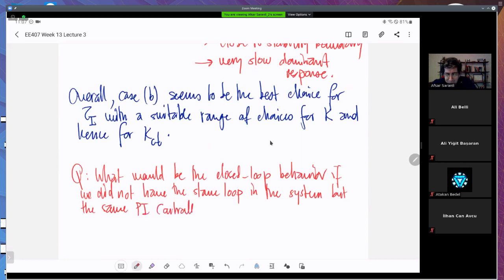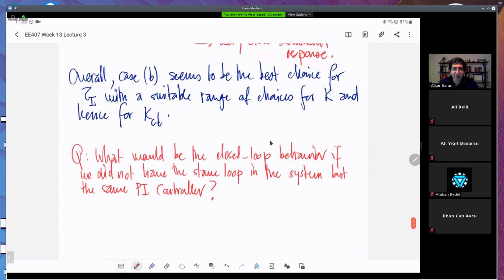So we will neglect the disturbance, but we will look at what's going to be the response for a reference, okay? And what's going to be the kind of range of gain for the PI controller in this case for the same choice of tau I. Sorry, not for the same PI controller, but for the same integral time constant.